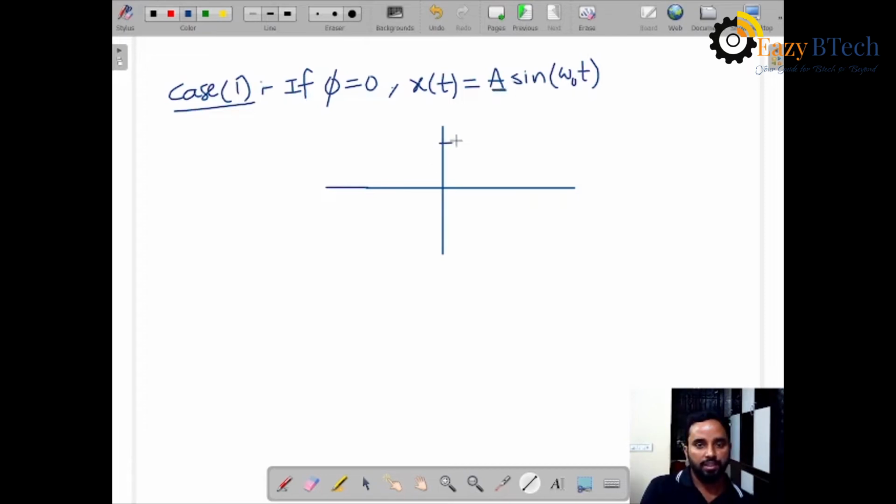The positive peak is A and negative peak is also A, that means minus A. So first I am taking peak amplitude lines, dotted lines. Now I am drawing the sine function. Neatly I will draw this one.